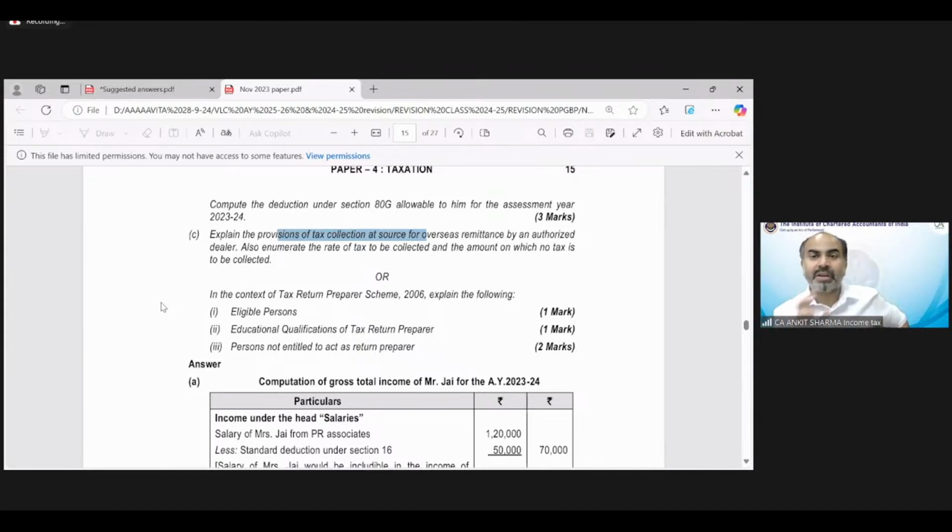If you are able to complete those easier chapters like residential status we have discussed, TDS, etc., you will be very confident that out of those 50 marks, 25 to 30 marks I am going to solve with 80% or 85% probability, and the balance 20 or 25 marks I am able to solve with 50 or 60% probability. So you will get almost 35 to 40 marks out of those 50 marks of income tax easily in examination. Remember that strategy, that will definitely help you.